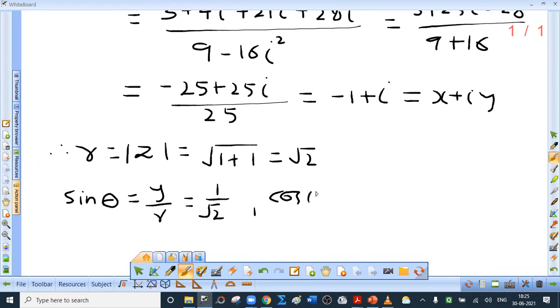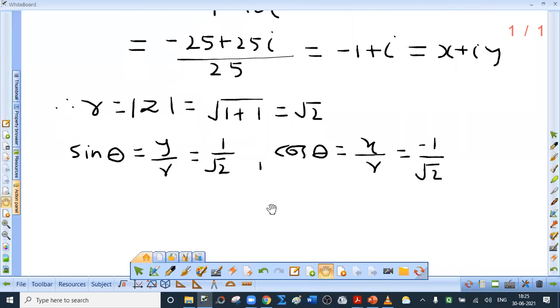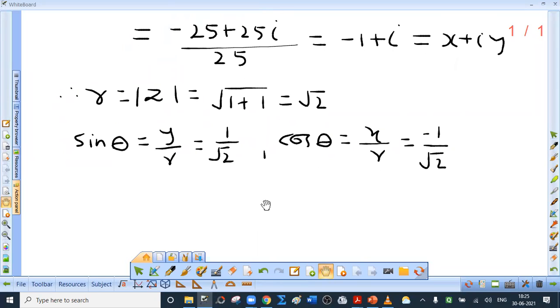Then cos theta is x upon r, that is minus 1 upon root 2. Same thing. In the previous sum also we got the same trigonometric ratios. So just write theta equal to 135 degrees. That is 3 pi upon 4 radian.